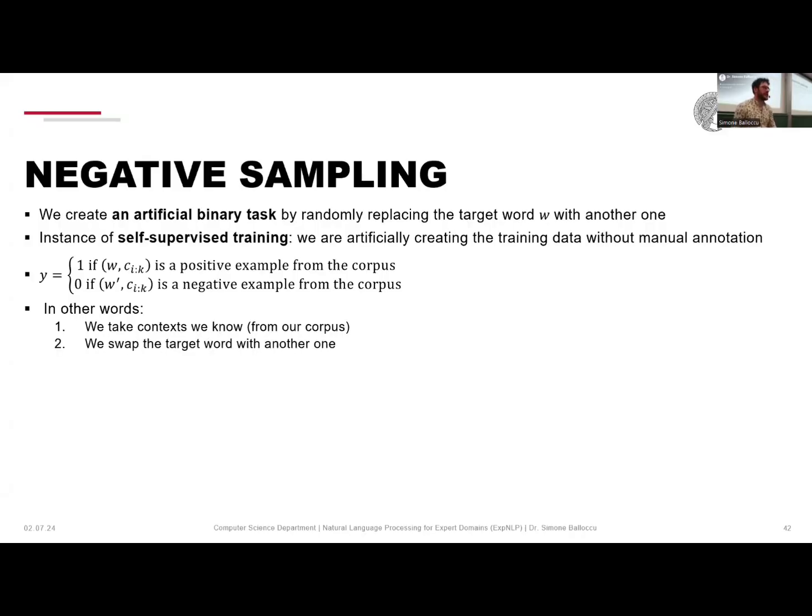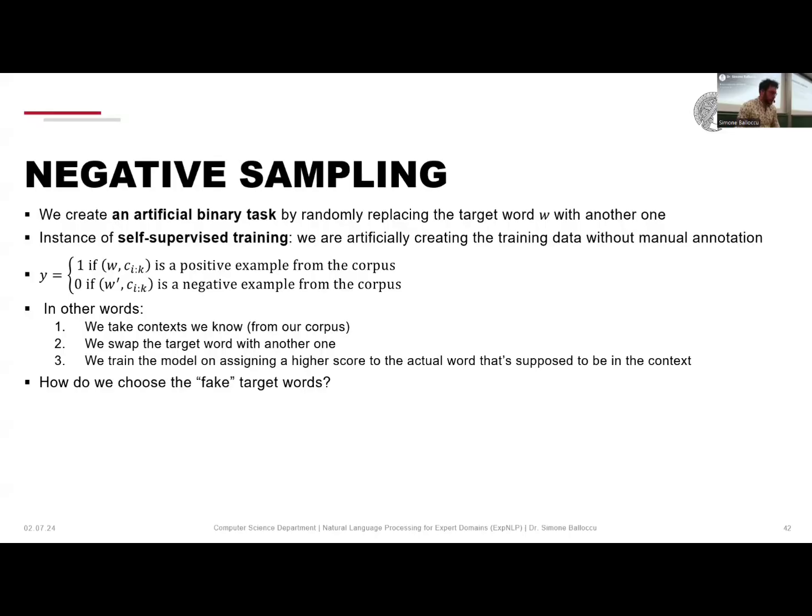So let's say we replace "deep learning for NLP" with something else, "the potato is cool". And we train the model on assigning a higher score for the actual word that was supposed to be in the context and lower for the one we replaced. So we can artificially create as many negative examples as we want, because I can just take a sentence, choose a target word, and swap it with all the other words of the vocabulary if I want.